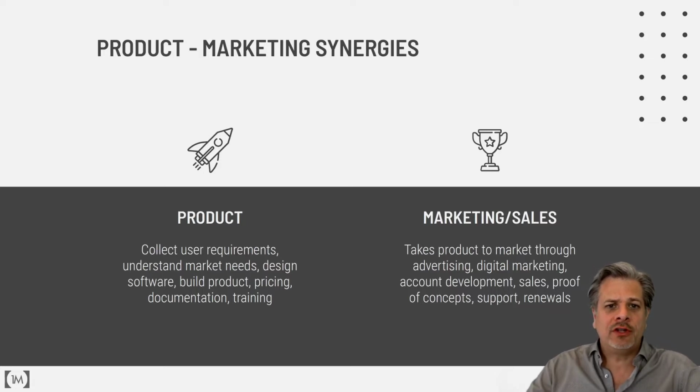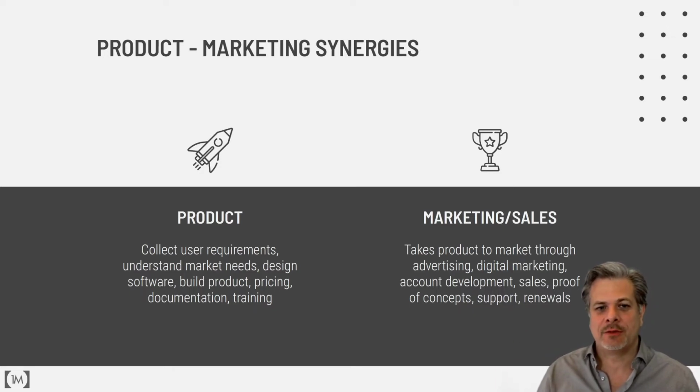So first, it's helpful to look at the company or your whole product line in two buckets, the product bucket and the marketing and sales bucket. On the product side, they're collecting the requirements from the users and customers, they understand the market dynamics, they're building a product for a specific purpose, and then they're outfitting that product with the correct bows on the package: the documentation is correct, there are training programs developed, etc. And then there's this idea of a handoff over to the marketing and sales side.